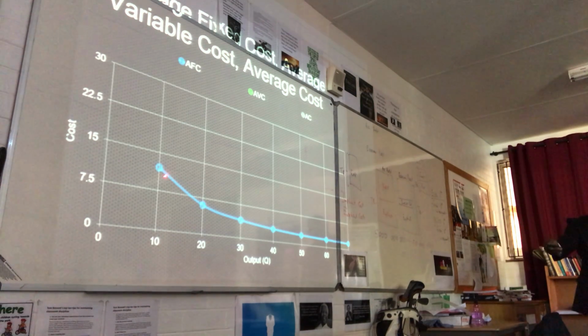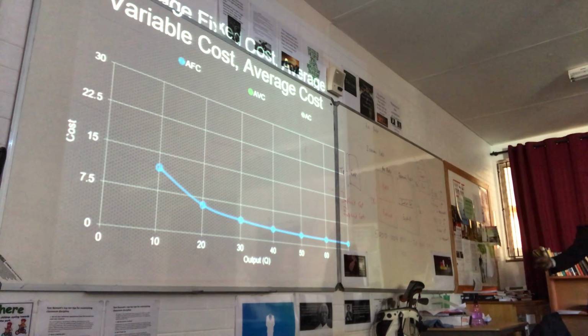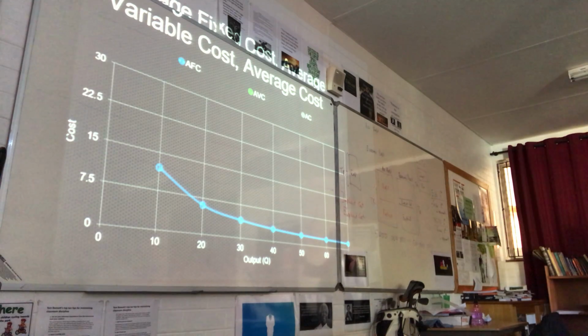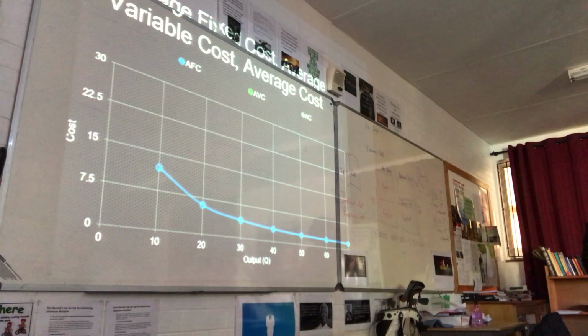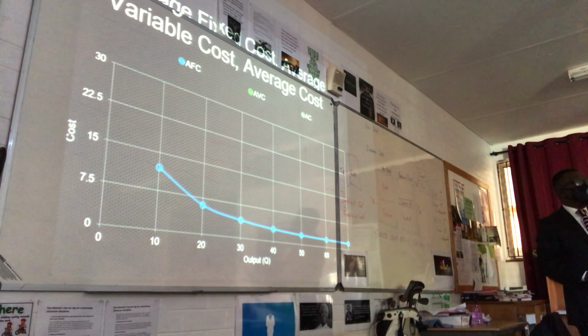Okay, so it'll go down and down, and it'll keep going until that point there. Will it ever reach 0? It also won't reach 0. I think it won't reach 0 because the variable costs are also increasing all the time. So if you carry on dividing, it's never actually going to reach 0 because the numerator will increase every time there's another unit to produce.